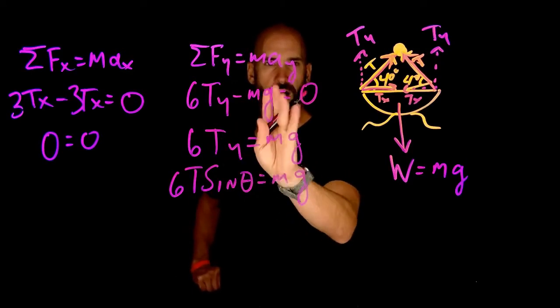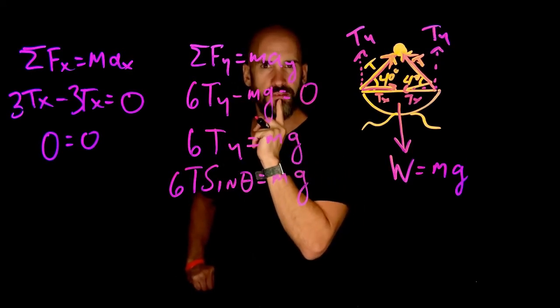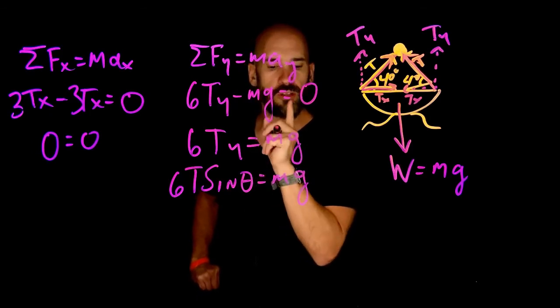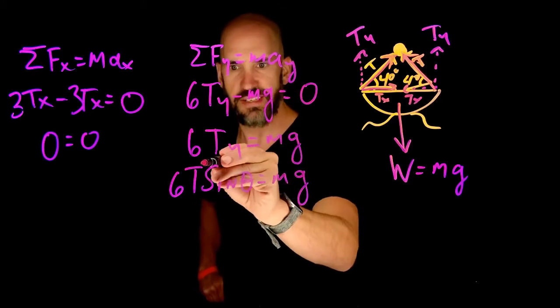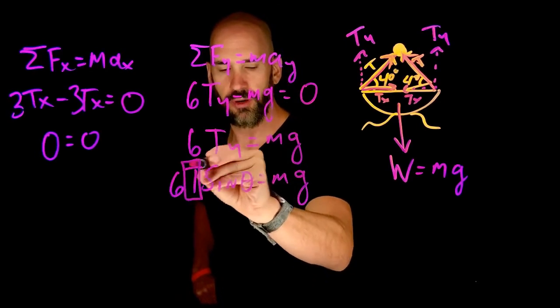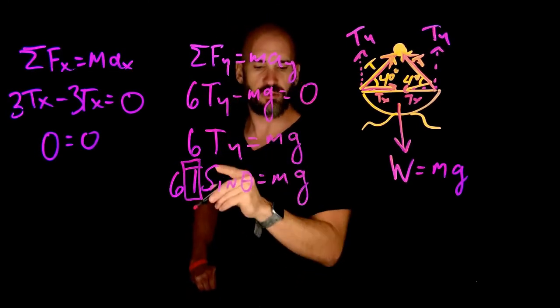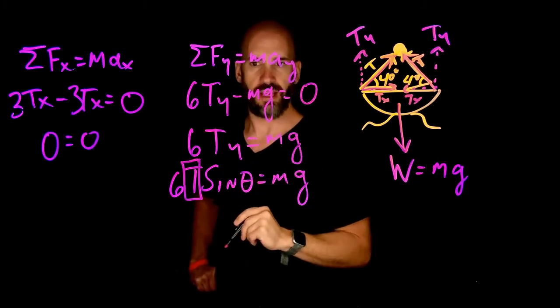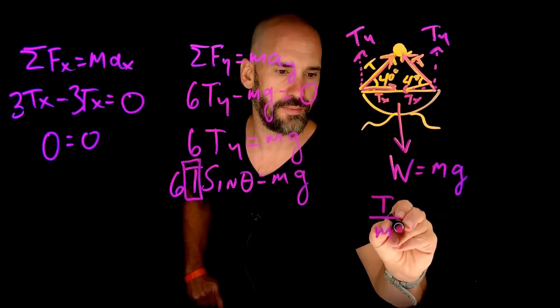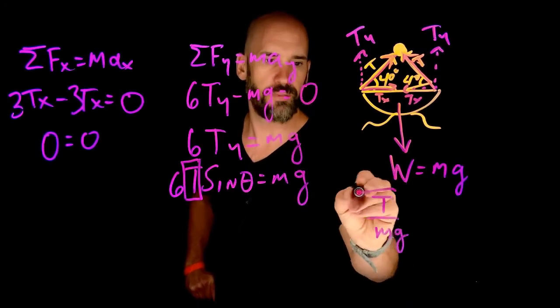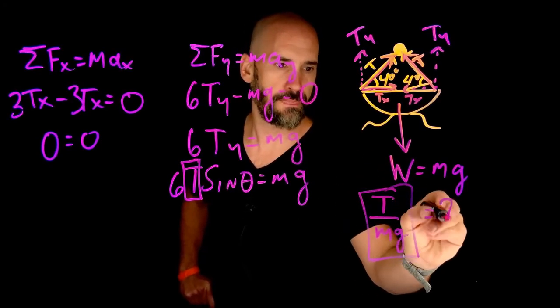This is a good place to pause and ask ourselves, what are we actually looking for here? What we're looking for is the ratio of the tension in each tibia, that's T, to the insect's weight, that's mg. So I'm actually looking for T over mg here. That's what I'm solving for. This is my big question mark.